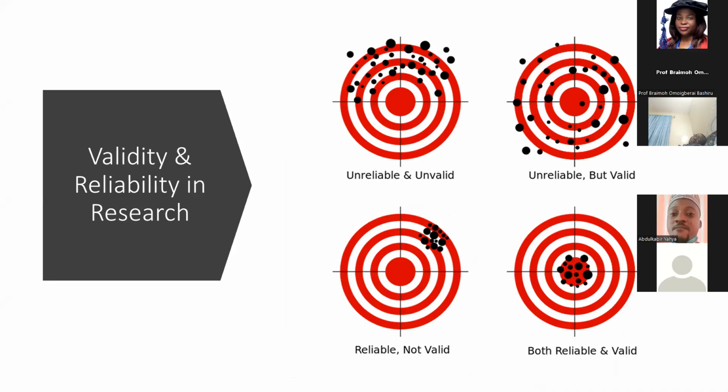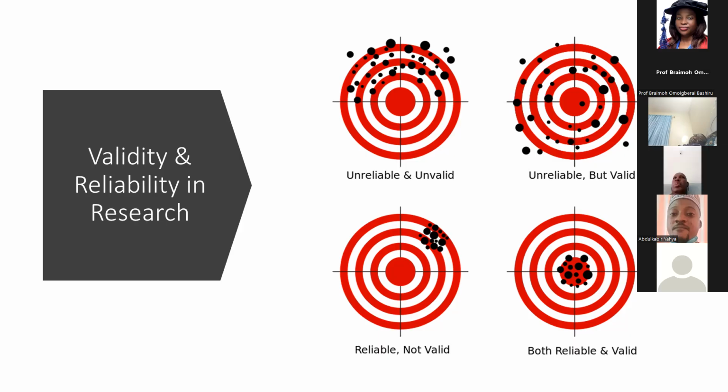I've given you the explanations or the definitions of validity and reliability. So just to repeat, a piece of research is said to be valid if the findings, the results, are actually representing the truth of the situation.